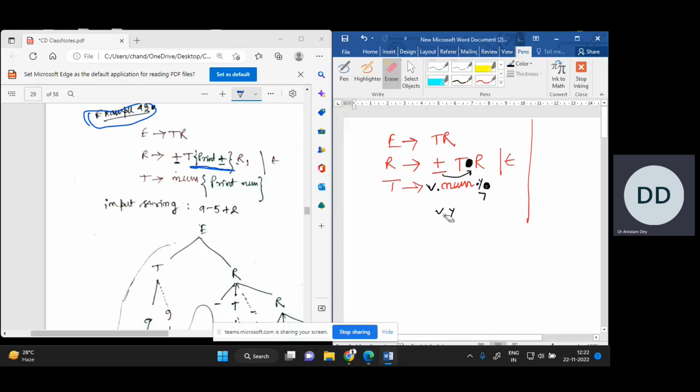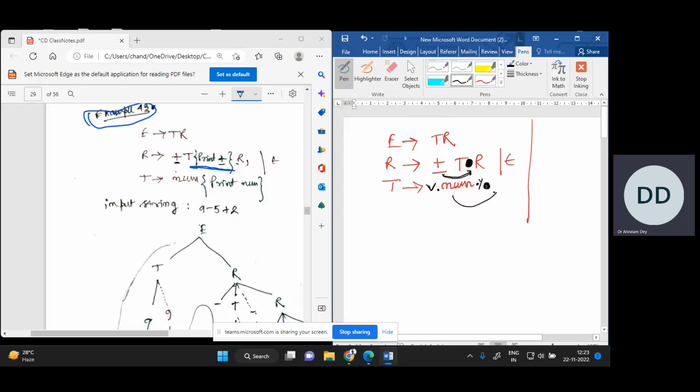The meaning of this black coloring, whatever I have written on this screen, is that this plus minus is an operator, right? But once I evaluate the tree, this plus operator will come in between t and r. So this is a semantic rule. They are telling that v, num, and y, three different variables are there.